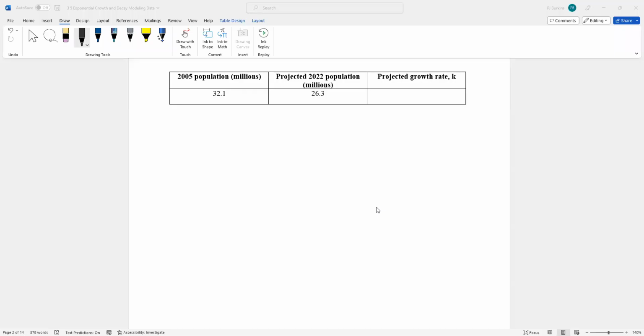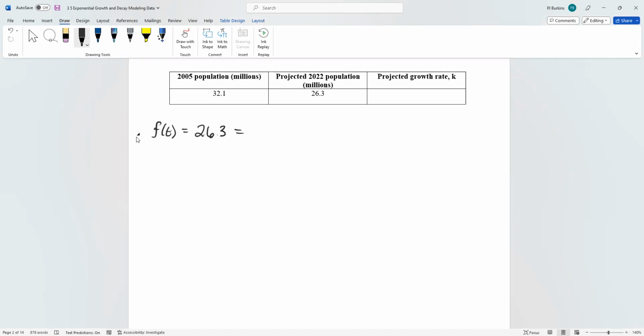All right, so here's another example. Again, they give us the population that we start with in 2005, but then they give us our ending population, and they don't give us our growth rate. So instead, we have to calculate that this time. So let's just plug in to see what our function looks like. We'd have f of t, which is equal to 26.3 in this case.